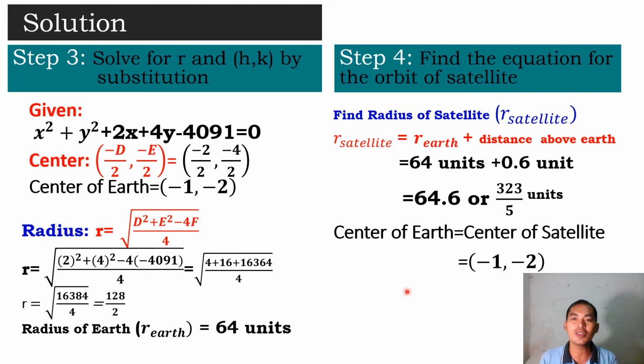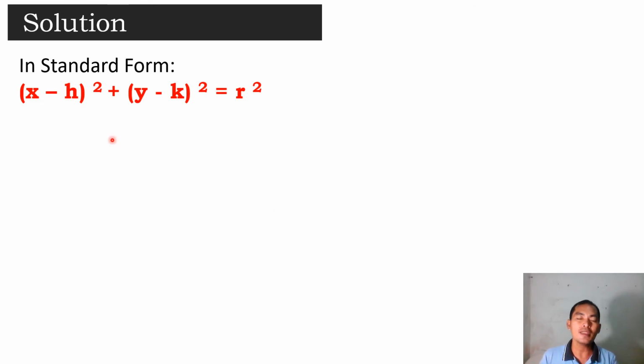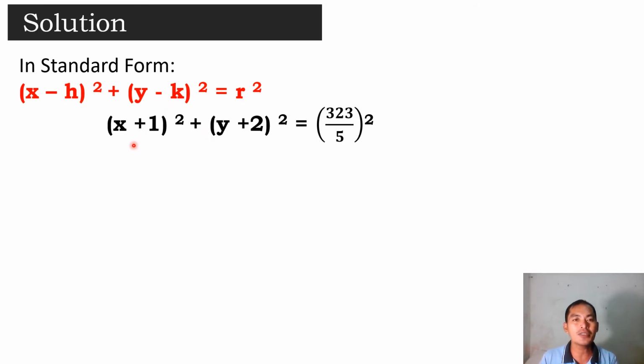We substitute to the standard form and to make it a general form. This is the standard form of a circle. Square of x minus h plus square of y minus k equals r squared. We substitute x plus 1. Bakit plus? Kasi the center is negative and the equation is minus h minus k, so you get the opposite sign.